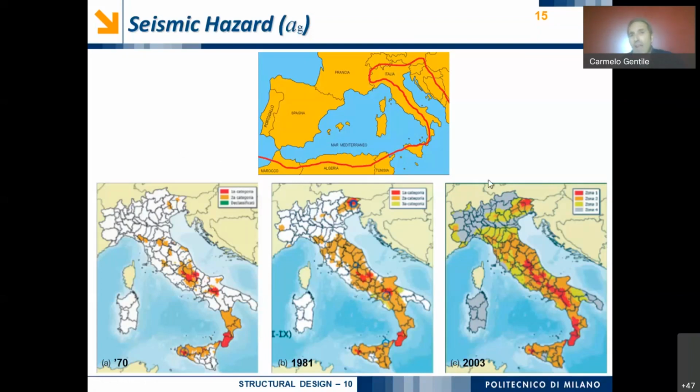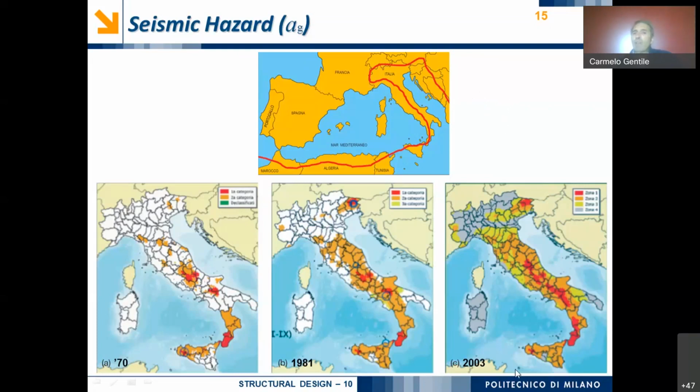When we have active faults like this one in red in the underground, what happens is that when there is a lot of energy present, for example, in some part of this fault, there is a sliding between the different parts of the fault. And this kind of sliding generates a very strong vibration in the ground that propagates for kilometers and kilometers.